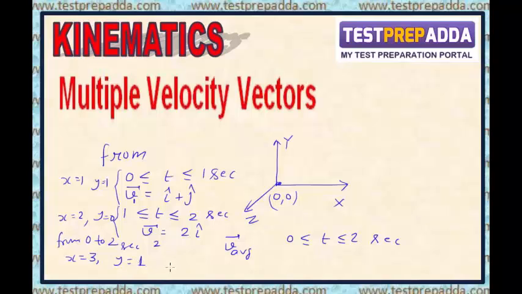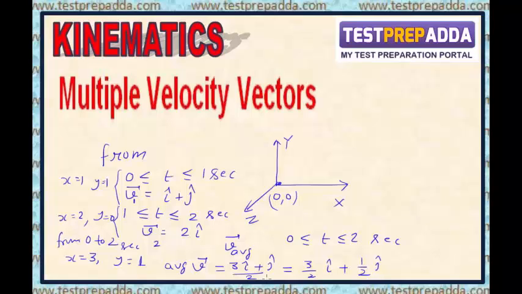And that is why the average velocity will be written as (3i cap plus j cap) by 2. That means 3 by 2 i cap plus 1 by 2 j cap. Got the idea? Here the time interval was 2 seconds. This is about multiple velocity vectors.